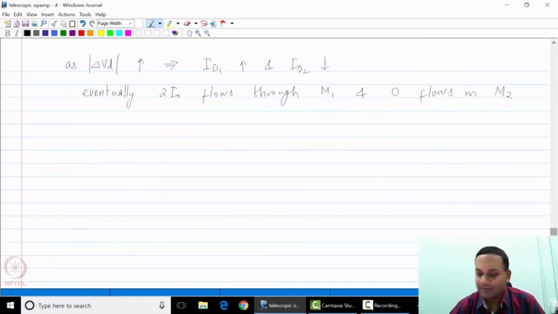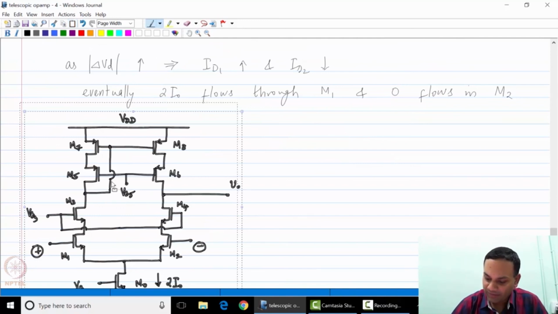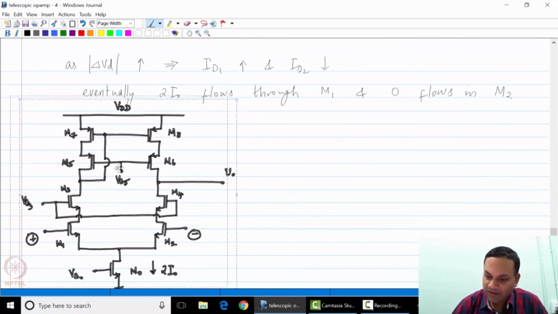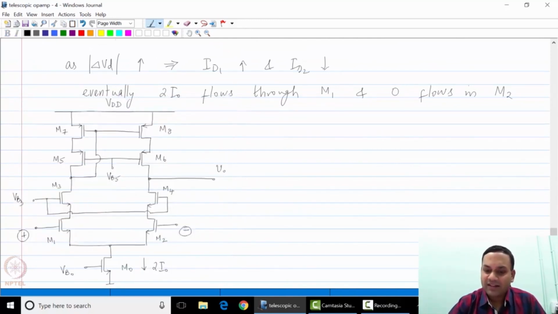In this case, let us write down the expression for the total current flowing into the output node. So that is delta IO.